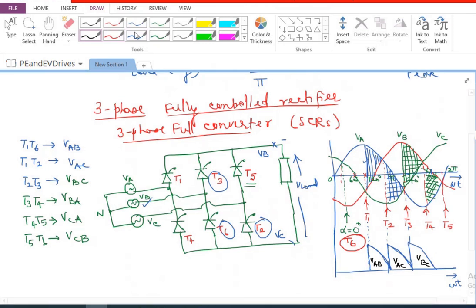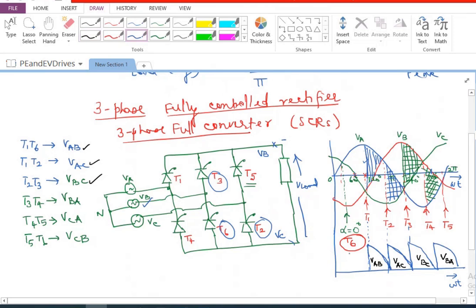So this is VAB, VAC, VBC. Then I can again draw the next segment like this. So that is going to be VBA, and I have to draw 2 more segments here.